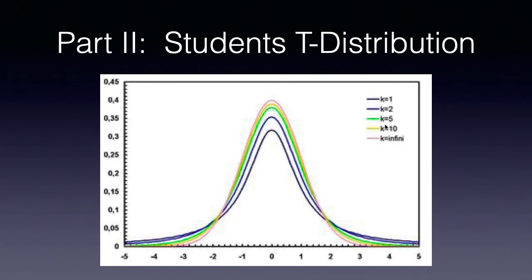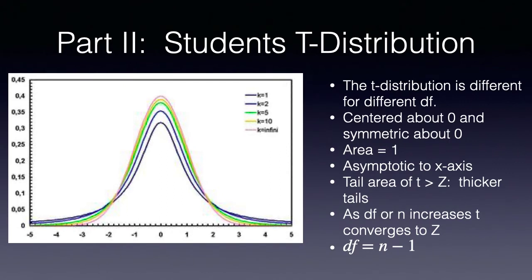All right, so I'd like to take a look at some properties of this t distribution, which looks very similar to our standard normal distribution. So let's just take a look. The t distribution is technically different for the various degrees of freedom.